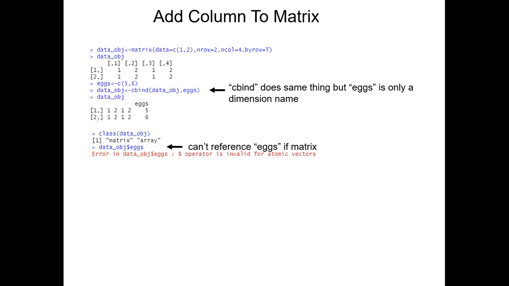That's why you don't see the column brackets that are shown up above in the matrix. It just substitutes that dimension name. So that's a difference too. So be careful when you're doing that.